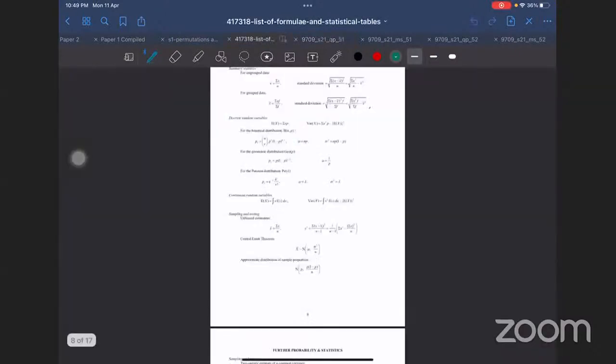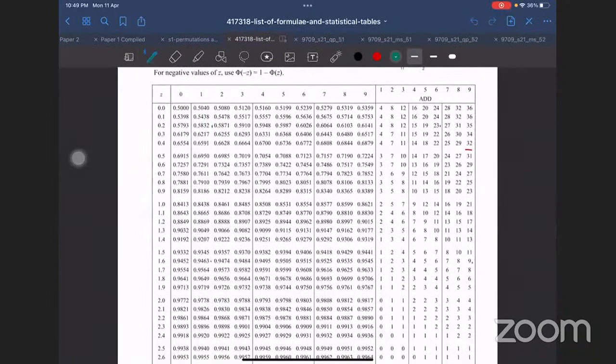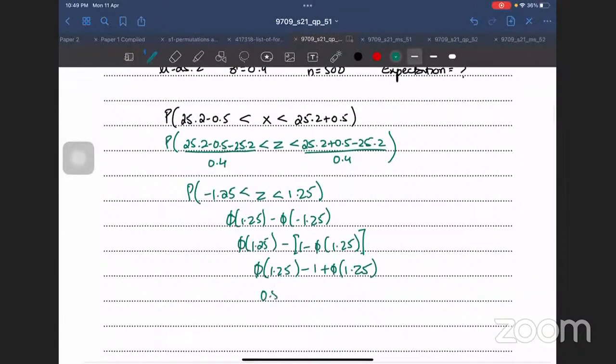Looking at the normal distribution table, 1.25 gives 0.8944. It's 0.7888.